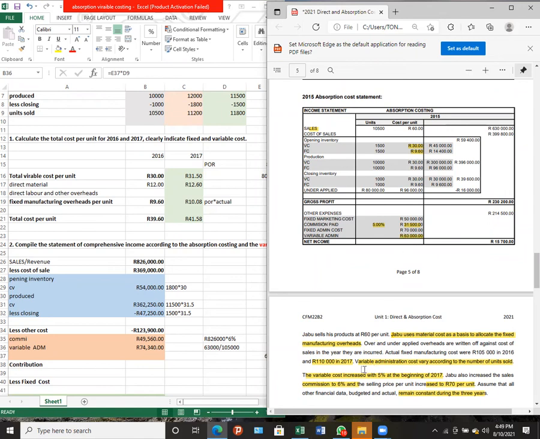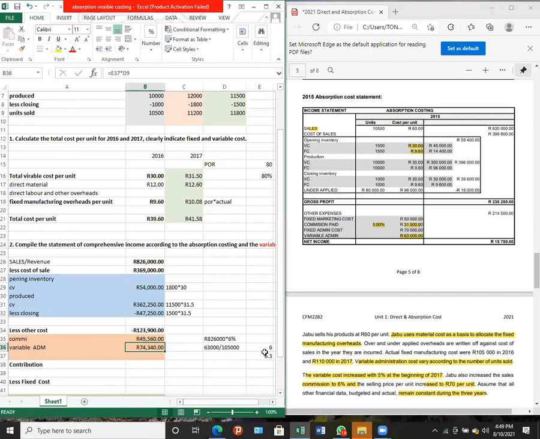The said variable admin cost varies according to the number of units sold. In 2015, the number of units sold was 10,500. We are going to take 36,000 divided by 10,500. How much do you get? 6 rand. We got 6.